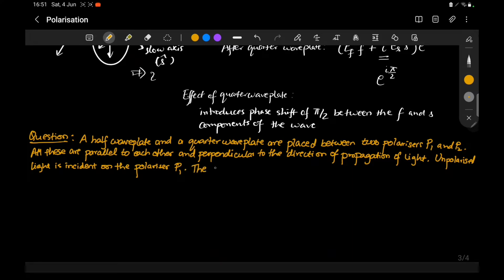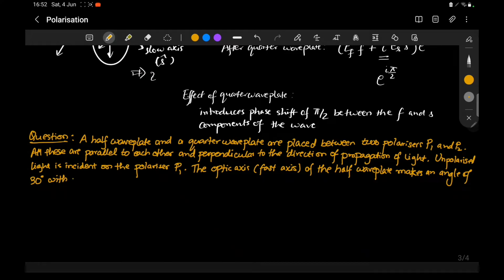The optic axis, or same thing as the fast axis, the optic axis of the half wave plate makes an angle of 30 degrees with respect to the transmission axis, also known as pass axis, of P1.